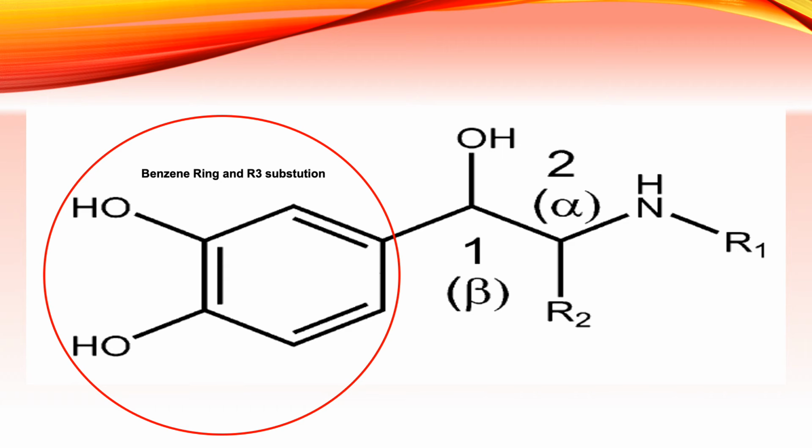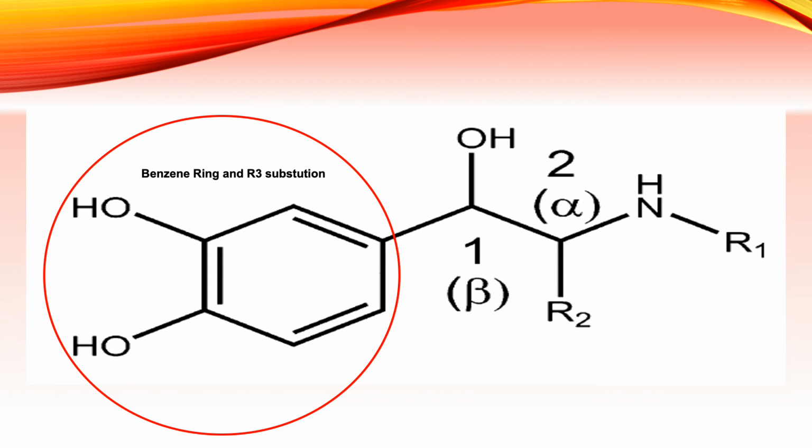Now, if the positioning of hydroxyl is changed, for example, to the 3 and 5 position, it will become a substrate for degradation by the enzyme COMT. So if it is degraded by COMT, then it will produce poor oral bioavailability. And poor oral bioavailability can affect our duration of action in the body.